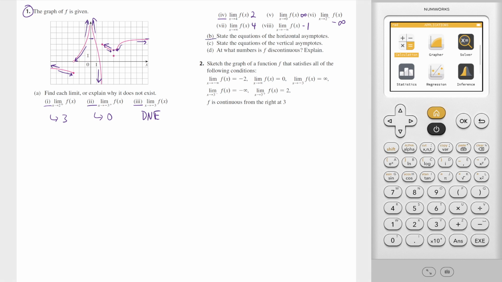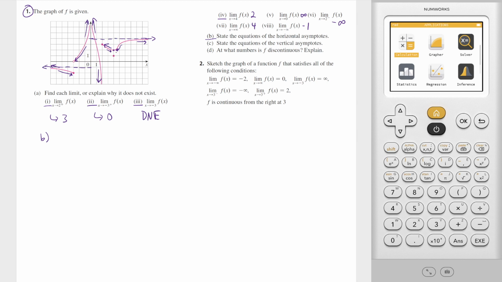First of all, let's talk about part B. It says state the equations of the horizontal asymptotes. It looks like there is a horizontal asymptote here as we go in the positive direction, and then another one here as we go in the negative direction.